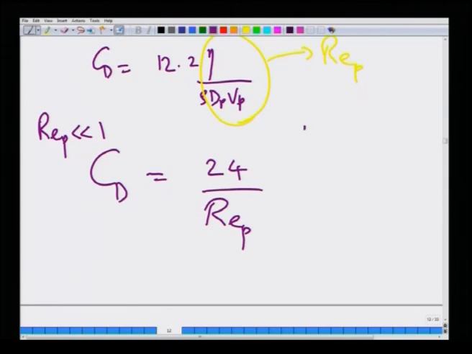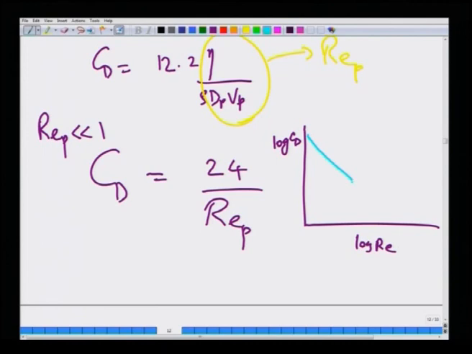Of course, at higher Reynolds numbers we showed that you have a log CD versus log Re plot, and it will appear like this. For smaller Reynolds numbers it is a straight line with slope -1.